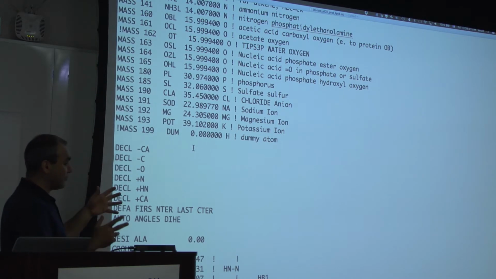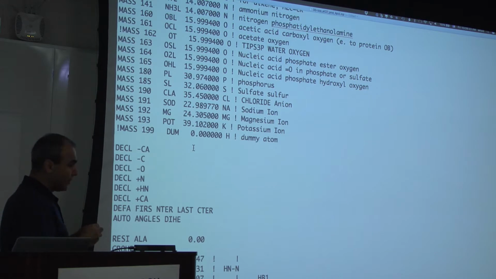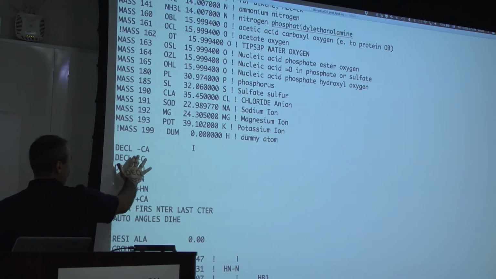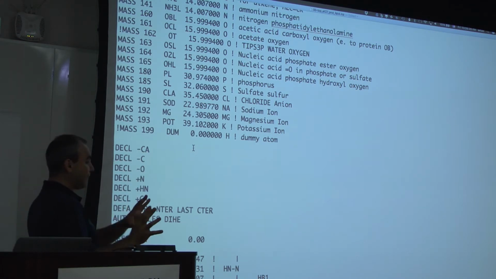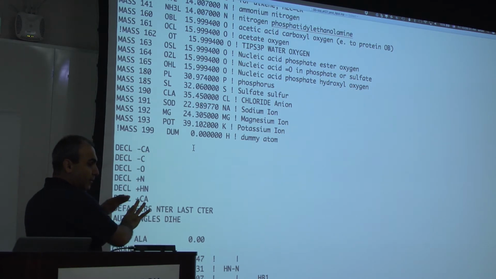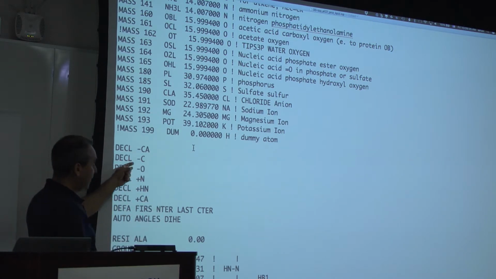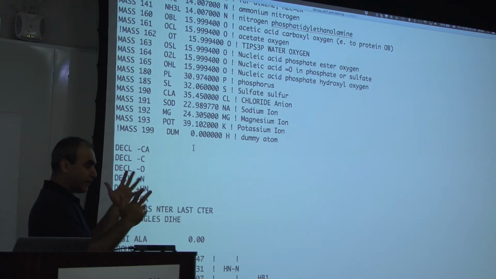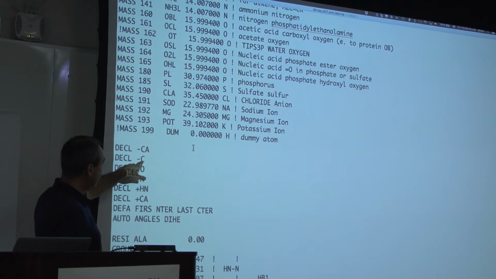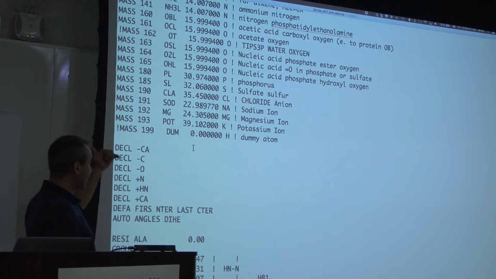We are going to introduce a few new atom names because we need them to connect amino acids. Minus C alpha is the C alpha of the previous side chain, because we need to connect the bond between this side chain and the previous side chain, and define a bond angle, et cetera. Minus C is the carbonyl carbon of the previous residue.